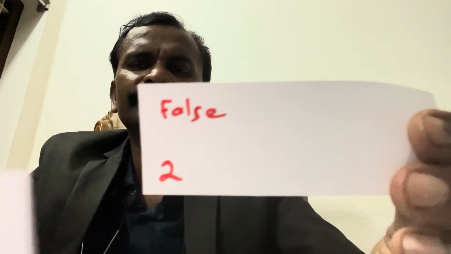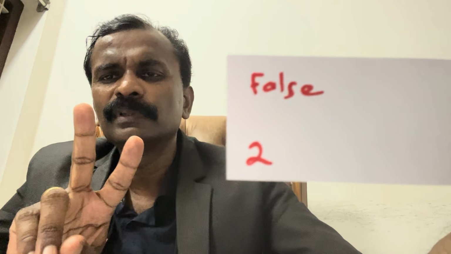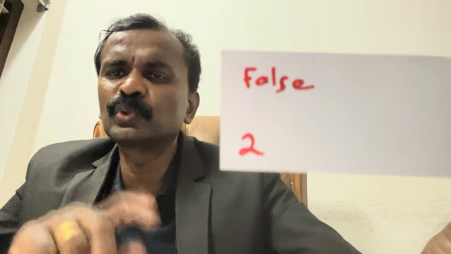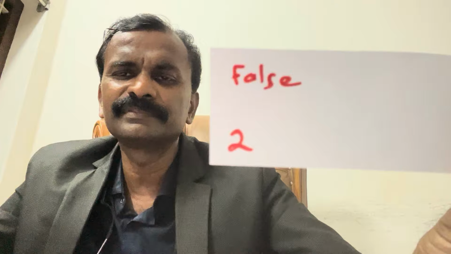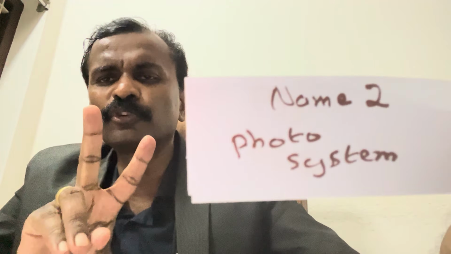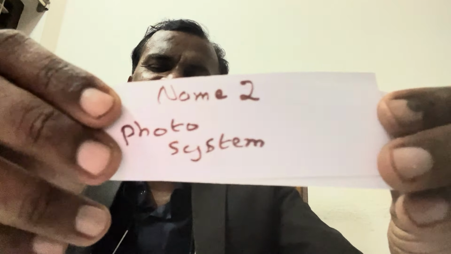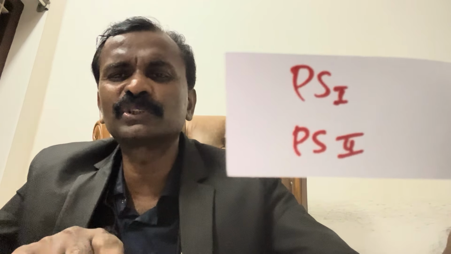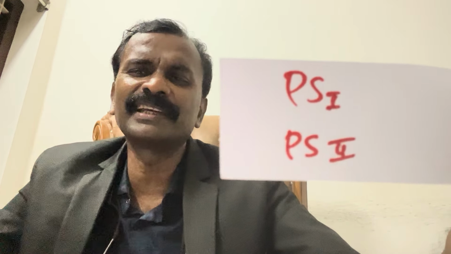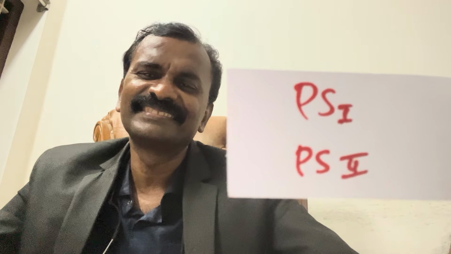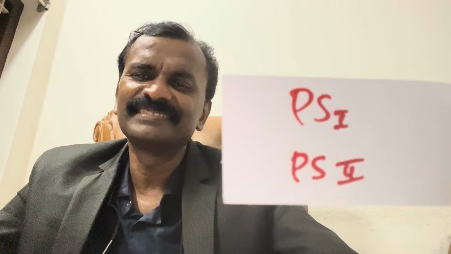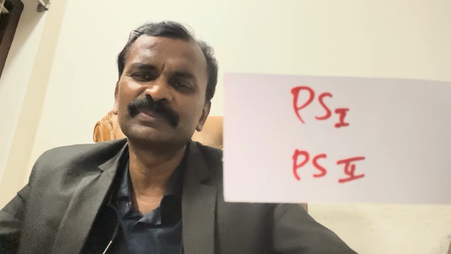No, it's only 2. PS1 and PS2. You can see in your textbook. So name 2 photosystems. Just now I told you. PS1, PS2. This is how you should prepare for NEET, okay?